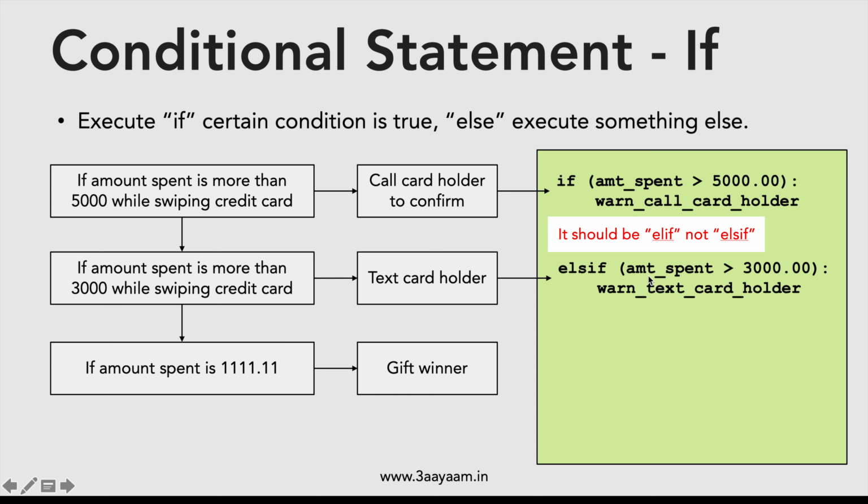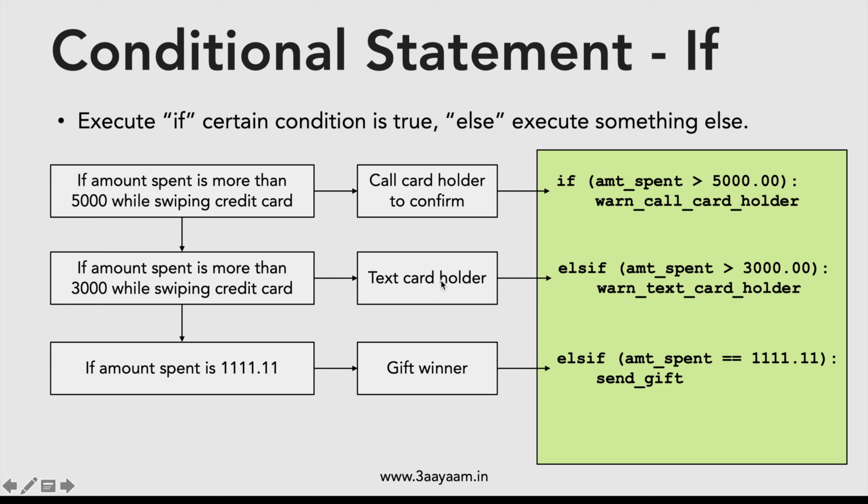What it is saying is, if the amount spent is greater than 3,000, text warning to the card holder. So if you have multiple if logics, you use something like else if. And if you have only two conditions, then you can use if and then else. Then you have one more statement wherein if the amount spent is this much, then it's a gift winner. So I'll use one more else if.